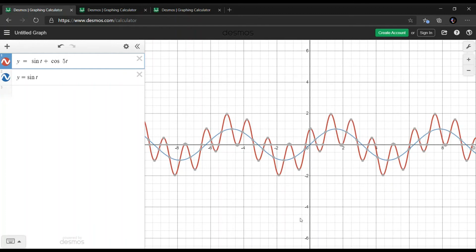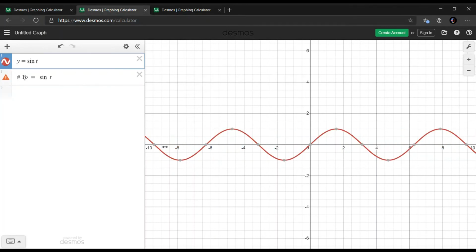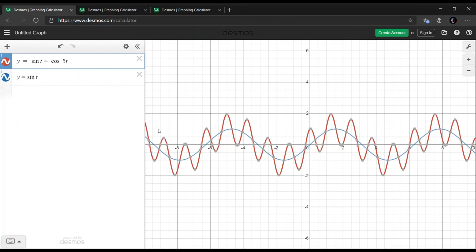That is the final graph, and yes, this is the graph of yh. This is the graph of yp, which is asked in the question. This is the graph of y equals yh plus yp.